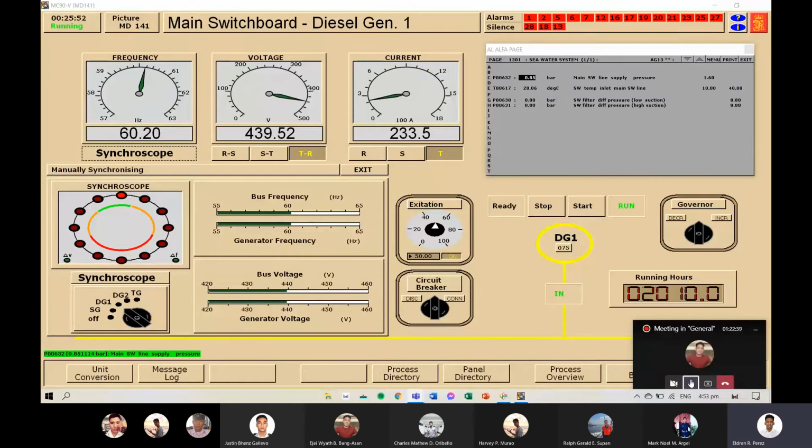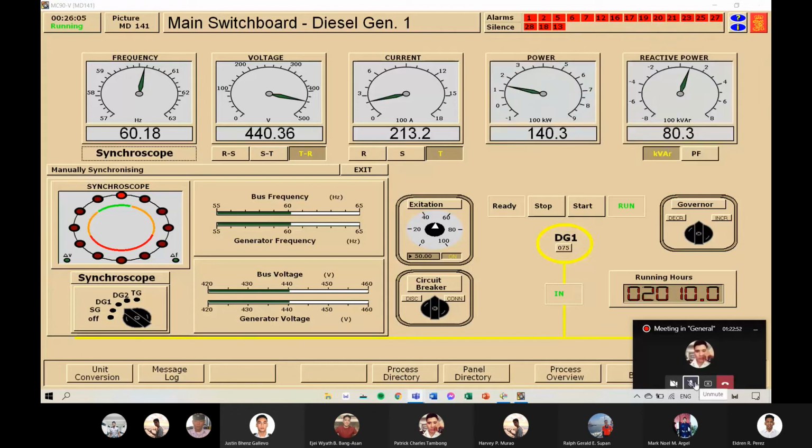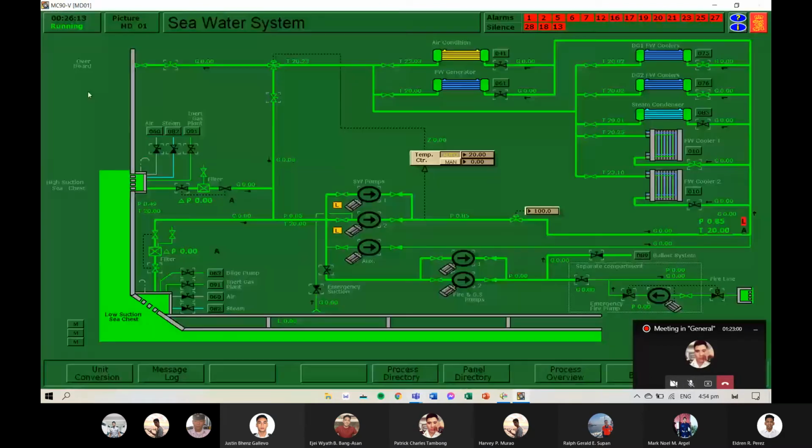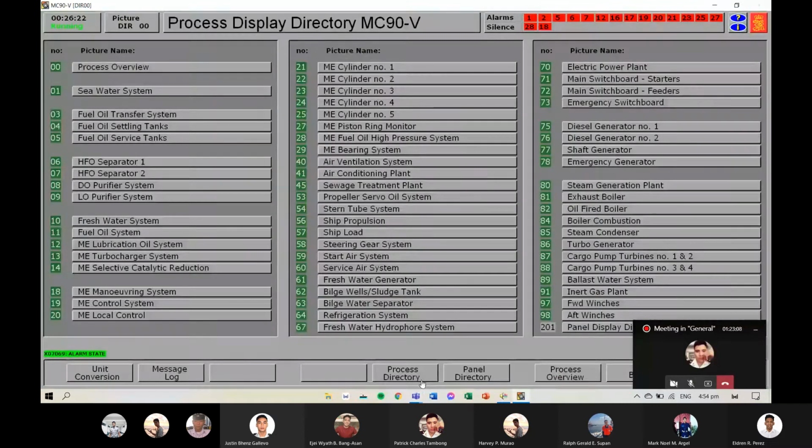Midshipman Tambong will discuss the procedures on how to synchronize the two generators, diesel generator 1 and diesel generator 2. Mr. Chief Engineer, sir, go to Directory 1, start auxiliary pump again. Done. Go to Directory 72, main switchboard, feeders.